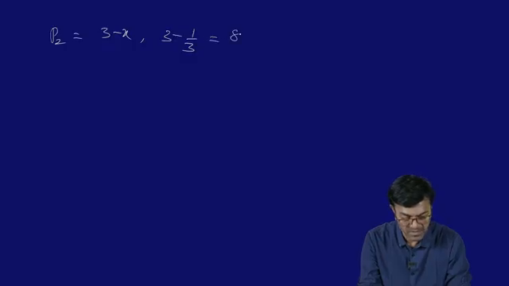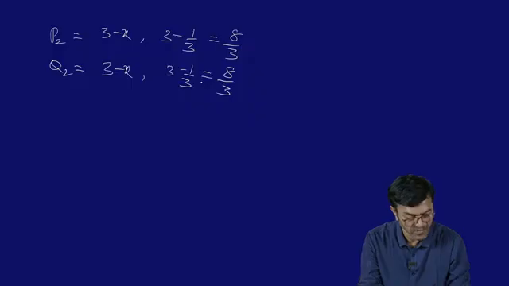when x is 1 by 3, so number of moles of P2 will be 3 minus x, that means 3 minus 1 by 3, that is 8 by 3. Q2 also same, 8 by 3.